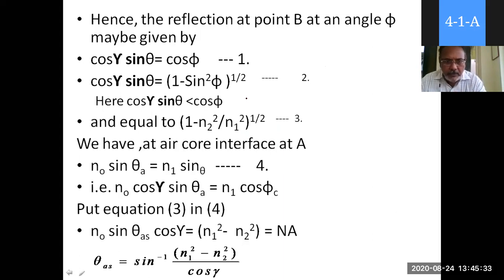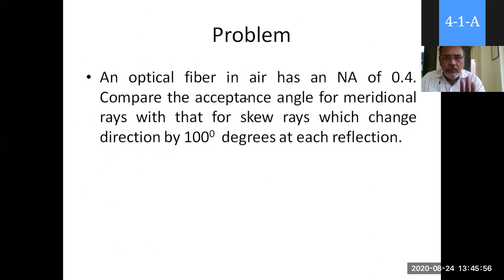The second expression is the same, given for numerical aperture. The third one is the numerical aperture value. The fourth one is the air core interface, fourth expression. We substituted 3 in 4 and we get the acceptance angle for skew rays.